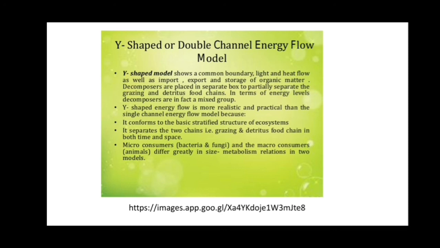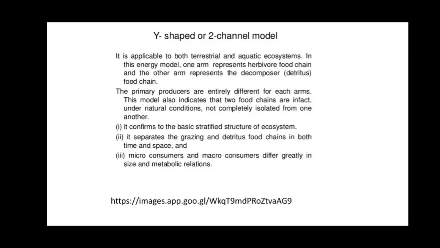Again, the microconsumers, that is bacteria and fungi, and the macroconsumers, that is animals, differ greatly in size and metabolism in relation to the two types of models. The Y-shaped or two channel model applies to both terrestrial and aquatic ecosystems.